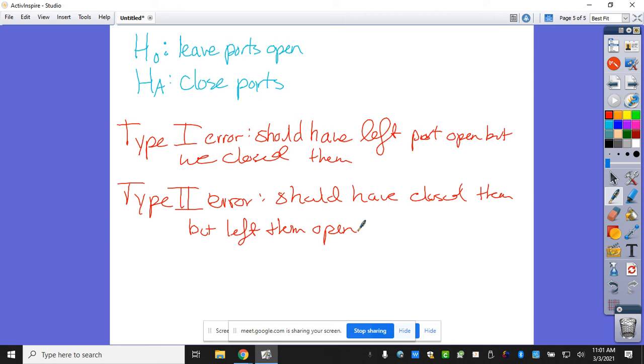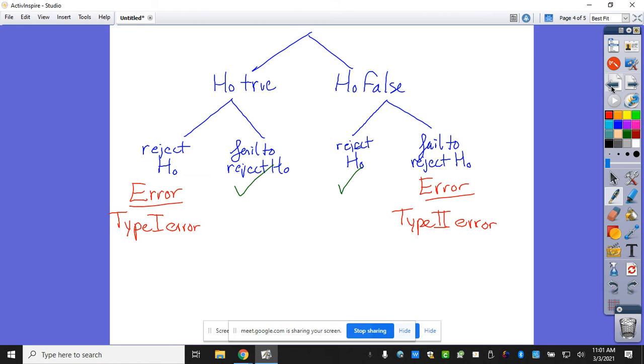Something like death penalty. If the null hypothesis is that they're innocent and the alternative is that they are guilty, a type 1 error would be what in that situation with the death penalty? So the null hypothesis is that the person's what? Innocent, but what did we decide to do? Death penalty.